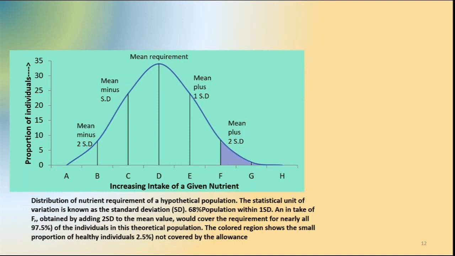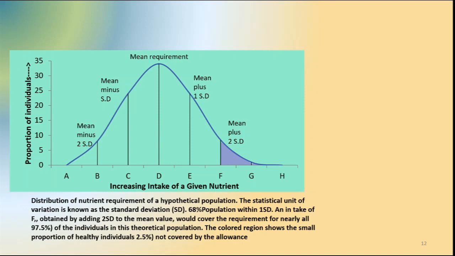There might be some variation, but in the majority of cases, 68% of the population will get the desired nutrients. How? Because for some of the animals whose nutrient requirement is less than the mean value, the excess available will be utilized by the animals falling between D and E. So this is up to one standard deviation. But when we calculate up to two standard deviations, we move from E to F and we increase the nutrient allowance in our ration.